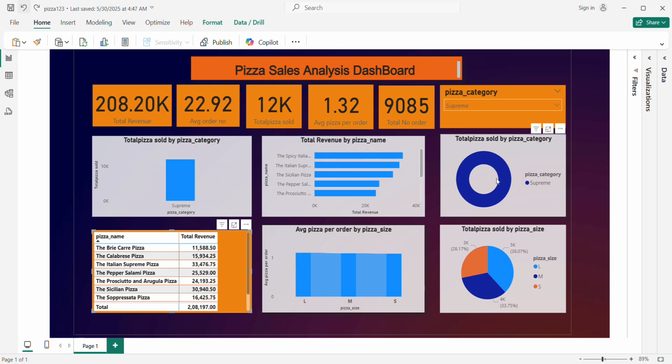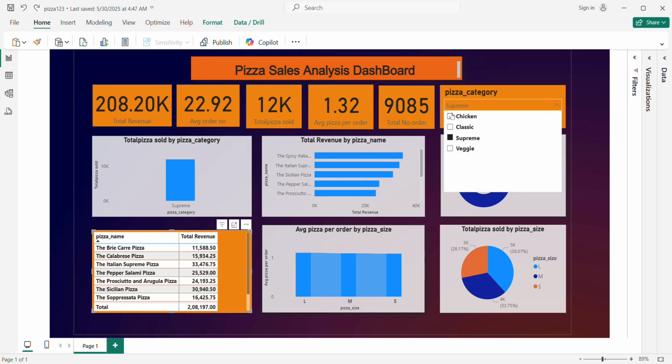And this is the supreme category in the pie diagram comparison. And then move to chicken.